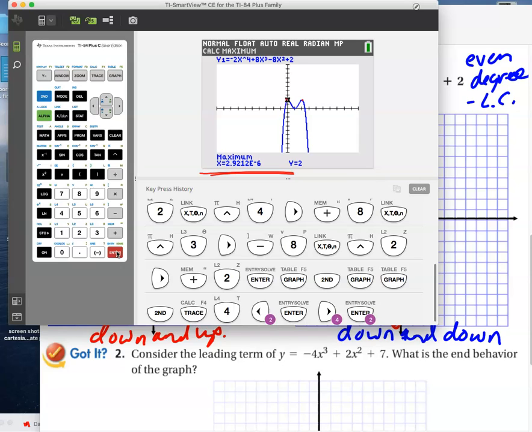Now, this is what I was hoping we would see. People get to this point and they're like, oh my gosh, it wasn't the top of the hill because this says 2.92. No, it doesn't. It says 2.9212 e to the negative 6. Now that's scientific notation. So it's telling us we have to move this little decimal place 6 places to the left.